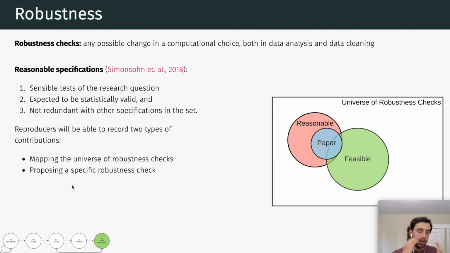Reproducers going through this exercise have the opportunity to either increase the size of the feasible set of reproductions, or propose reasonable new robustness checks.